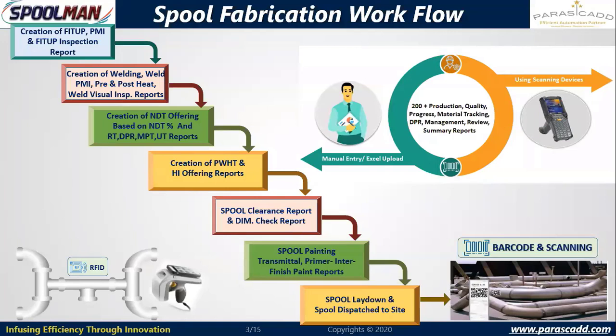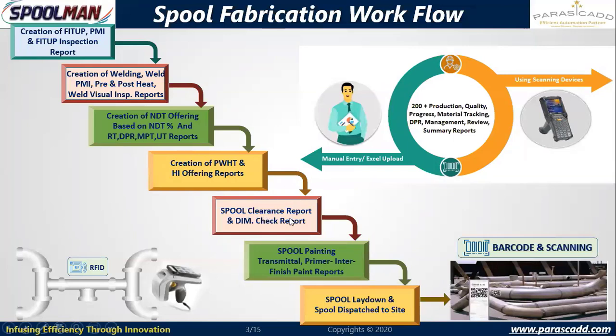I will ensure that 100% coverage as per the specification requirements is maintained in the system. Further to this, PWHT and hardness inspection, and based on PWHT, whether I have to perform stress relieving before radiography or after radiography, or in both cases. That is, whether radiography has to be performed before stress relieving or after, depends on what my NDT plan is saying. So we follow the NDT plan in detail.